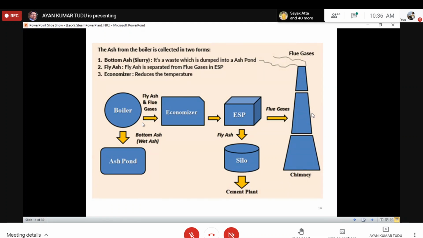It may be bottom ash slurry, which is a waste and is dumped into an ash pond. Then it may be fly ash, which is separated from the flue gases in the electrostatic precipitator, and it may be collected from the economizer also, because it reduces the temperature. When it is passing through the economizer, the heat is being exchanged to the feed water, and that's why the temperature of the flue gases also reduces.